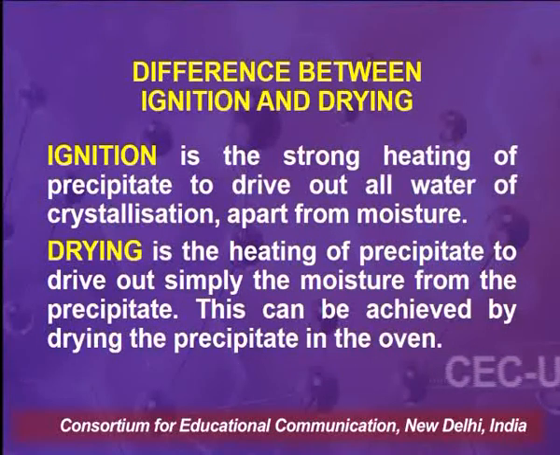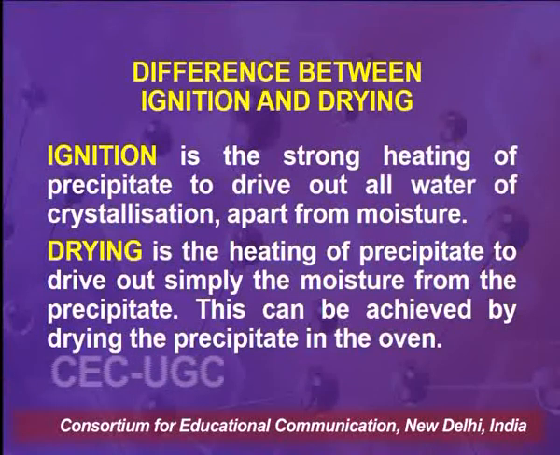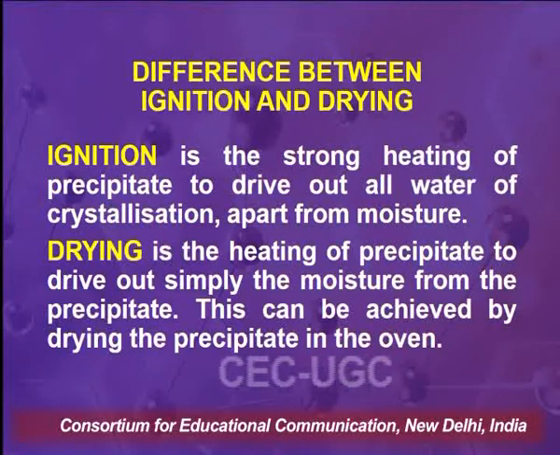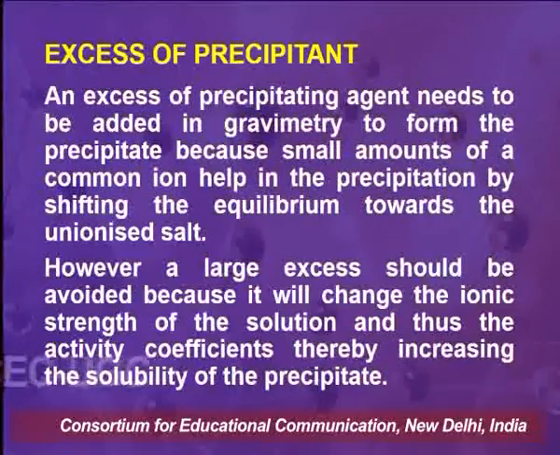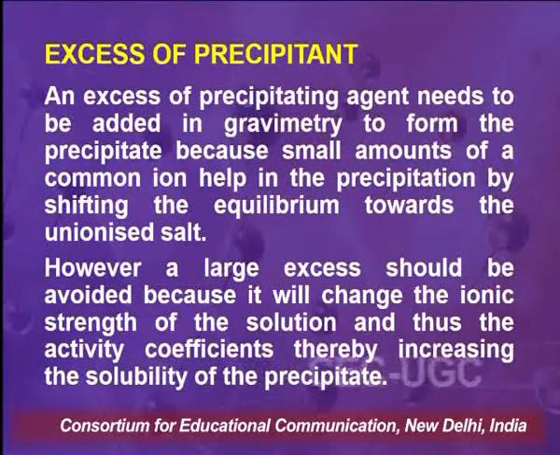Adhering means adsorbed, it's a surface phenomenon. And this can be achieved by drying the precipitates in the oven at a particular temperature which is specific for each particular metal ion.